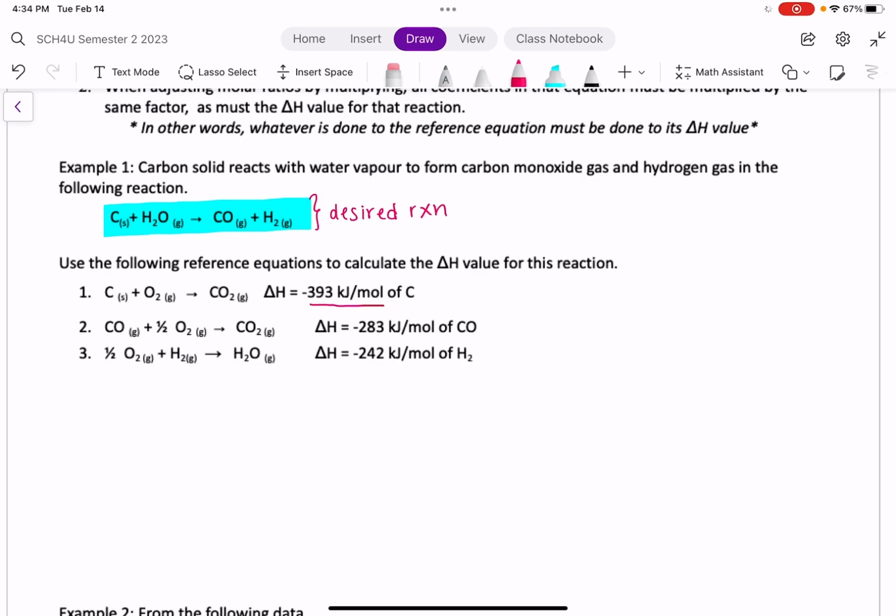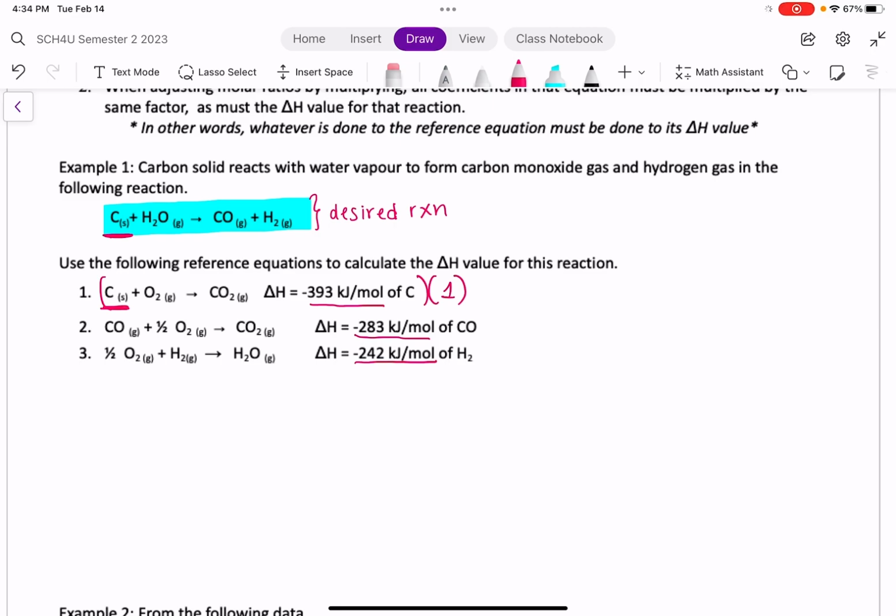So this is the delta H specifically of carbon in reaction 1, delta H for carbon monoxide, and delta H for my H2. So if we take a look at the first one, we will compare the position of carbon to my desired reaction. So since carbon is on the reactant side in my desired, I'm going to keep it as is. Okay, so you can say we're multiplying everything by 1. We keep this reaction as we see it.